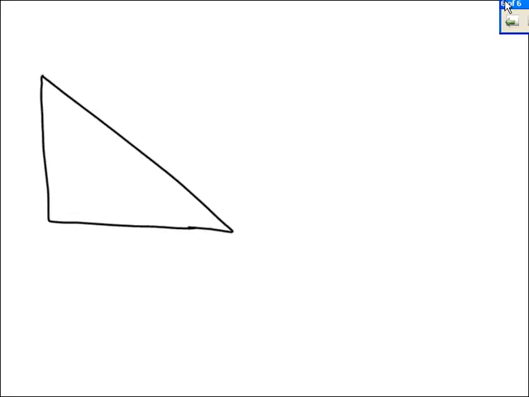Do one more problem. How about this problem right here? You have this big triangle. You put a square in. And you go like this, and like that.